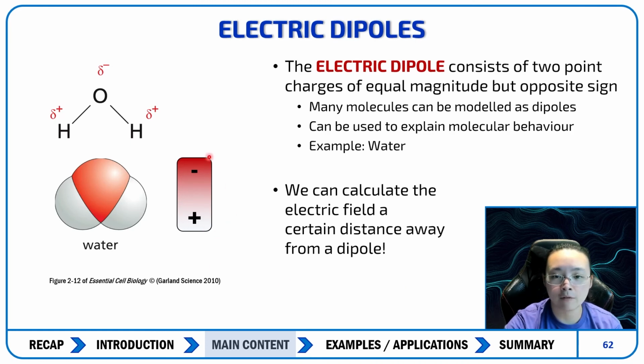Now that we have a representation of a water molecule as a dipole, we can calculate the electric field a certain distance away from that dipole. Next we're going to go through an example where we do try to calculate the electric field a certain distance away, like here, from this dipole.